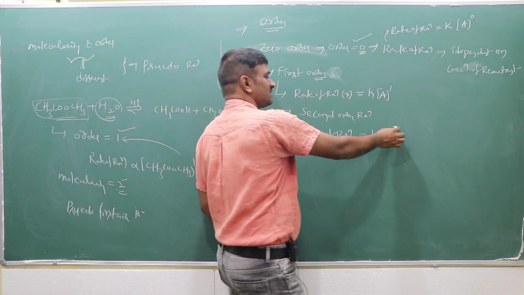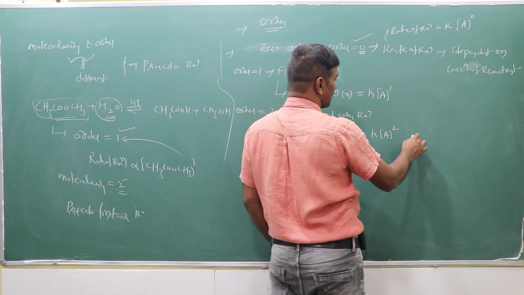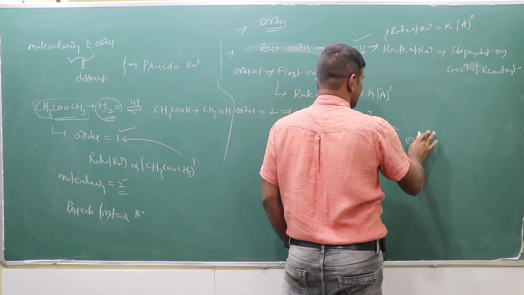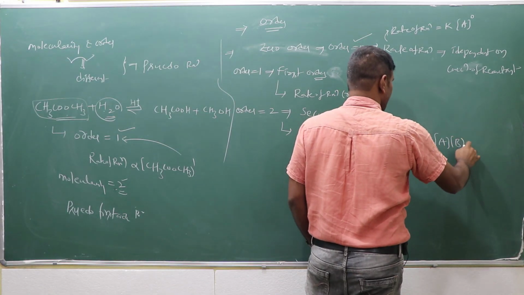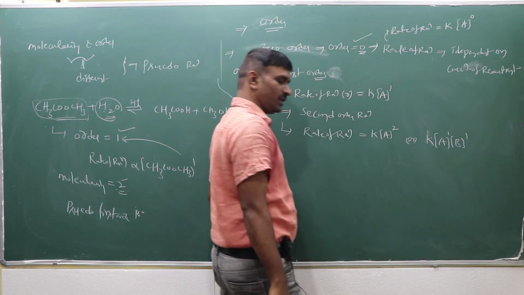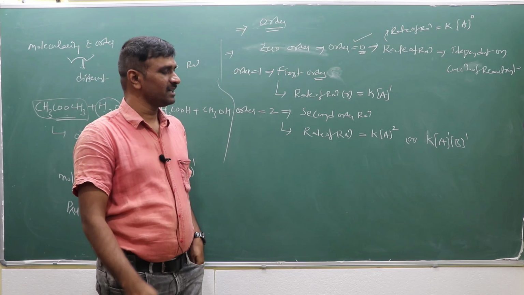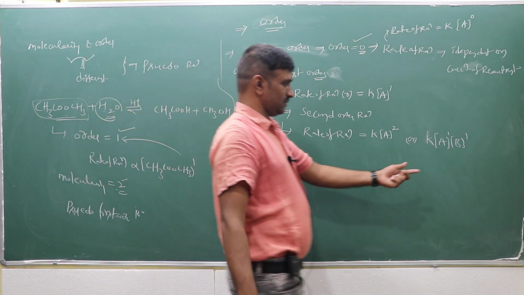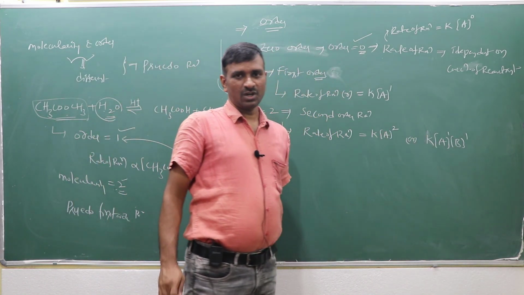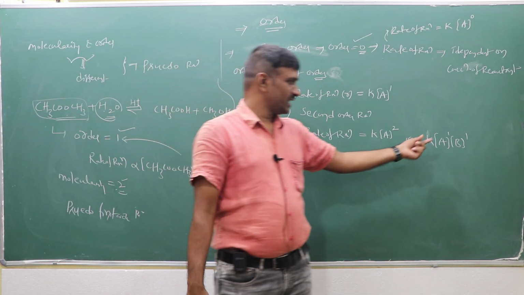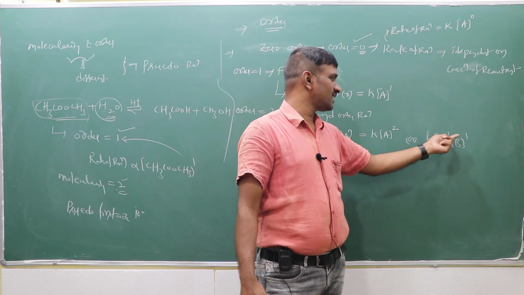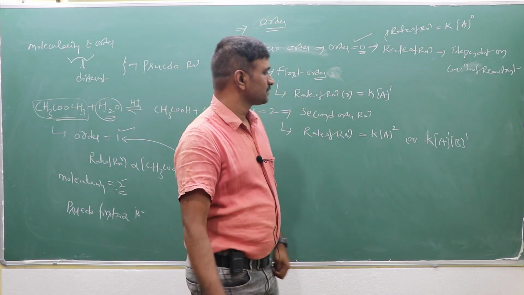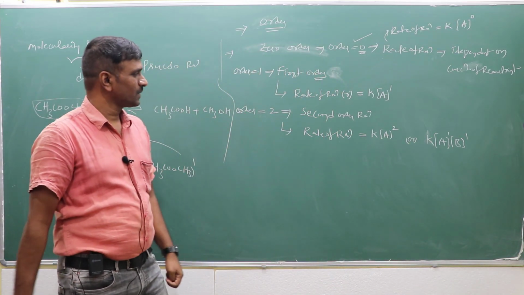So this is second order, or it may be expressed as K into A into B, where the powers are of 2 different reactant molecules, A plus B. In the other case, it is the same reactant molecule with 2 equivalents. Here the order is 1 and this is also power 1. The sum of the powers is considered as the order, 1 plus 1 is 2. This type is possible.